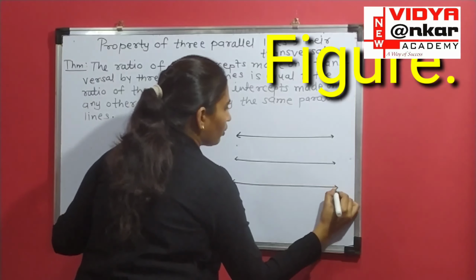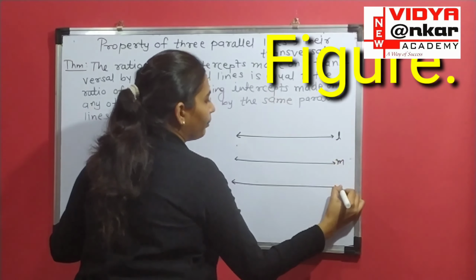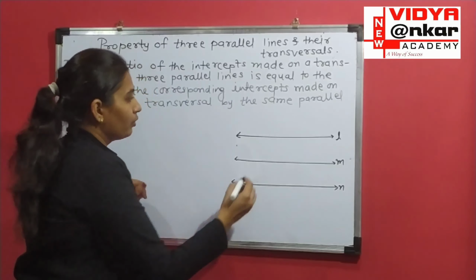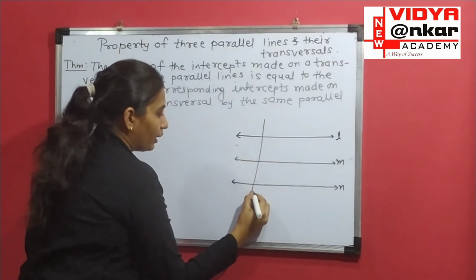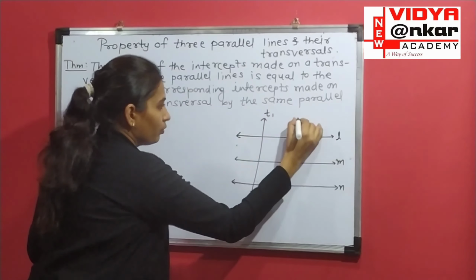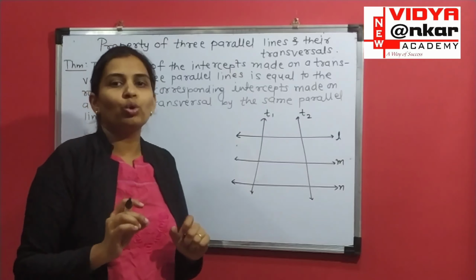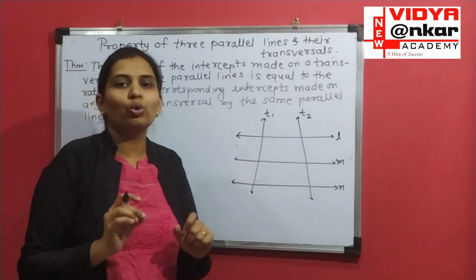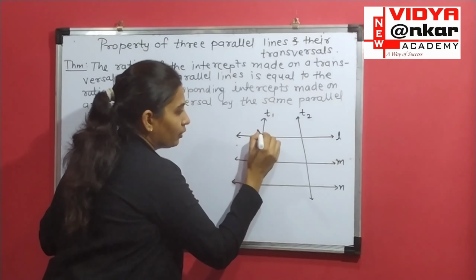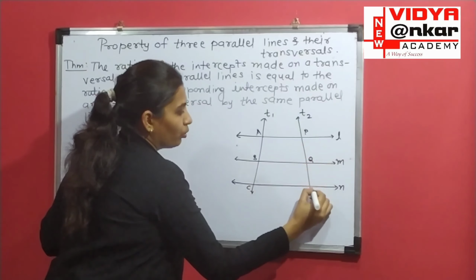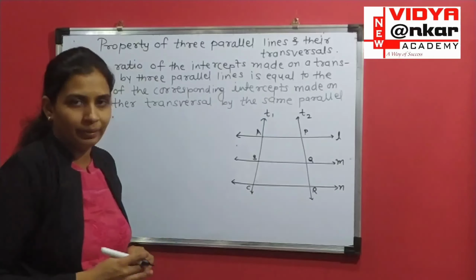Suppose lines L, M, N are three parallel lines and T1 and T2 are two transversals which intersect the lines at points A, B, C, P, Q, R respectively.